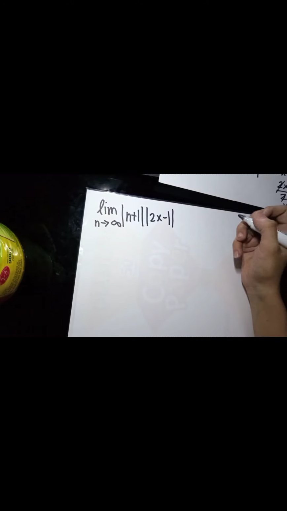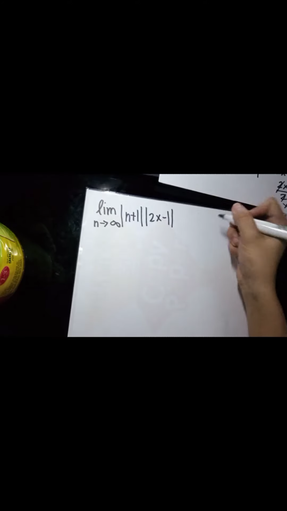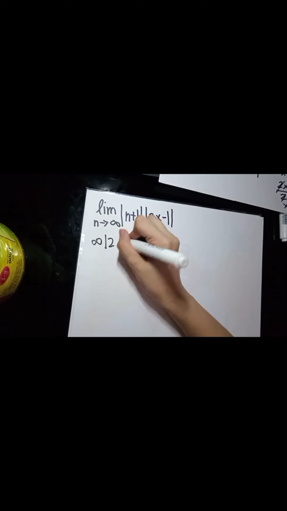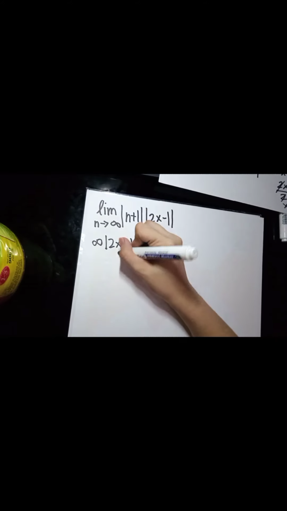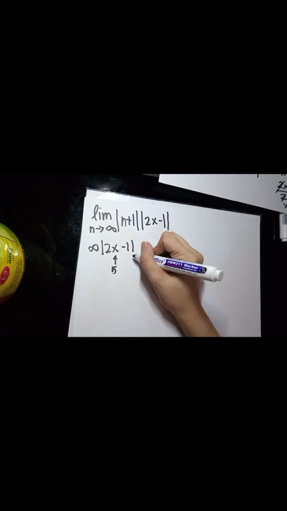So if x is anything but 1/2, it's going to diverge. So let's say x equals 5. If we plug it in, 2 times 5 minus 1 is equal to 9.